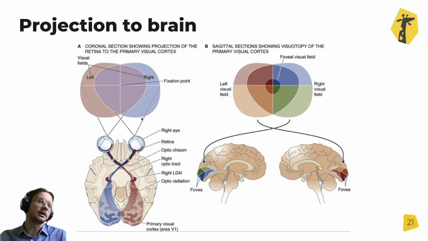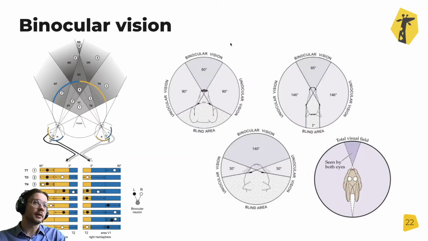This is a common picture from textbooks on brain biology. The foveal field is formed here and processed by two parts, and then when signals are processed in each part, they create a more complex picture of binocular vision. Let's speak more about it.